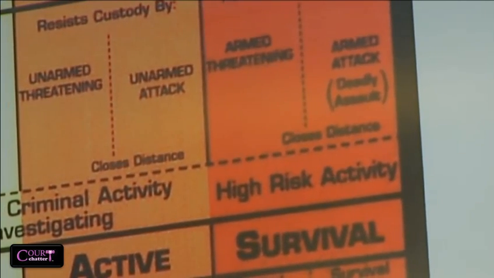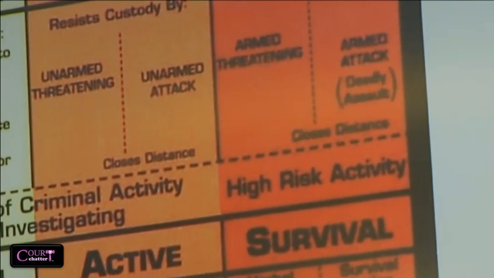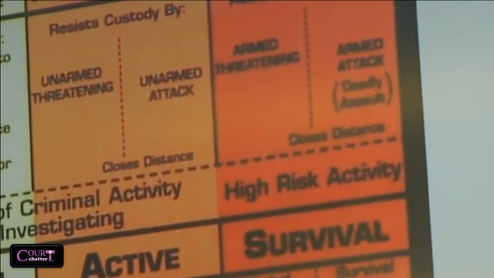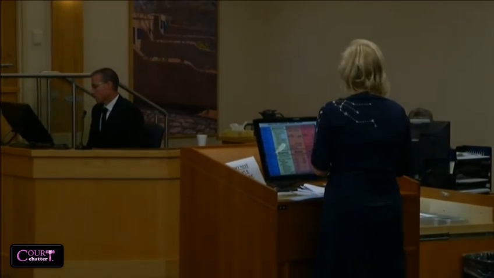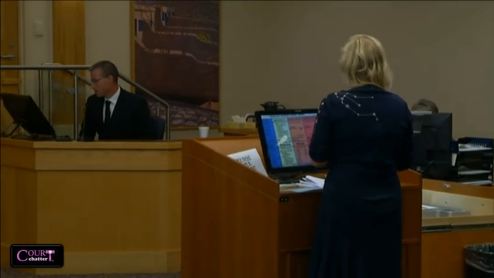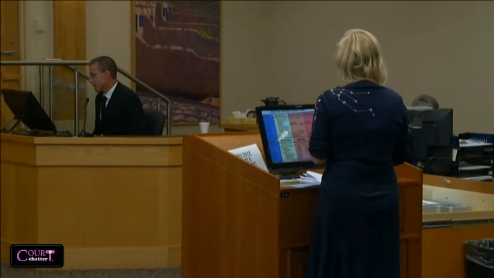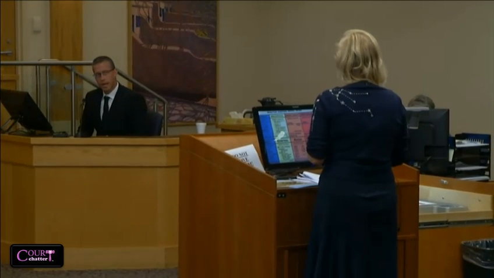You have a weapon of opportunity, and you're intending to cause great physical injury or death. You have the means to carry out that intent, and you have the opportunity to do so. Okay, and what is the attack part of that? The attack part of it is the suspect is actually engaging in the attack.